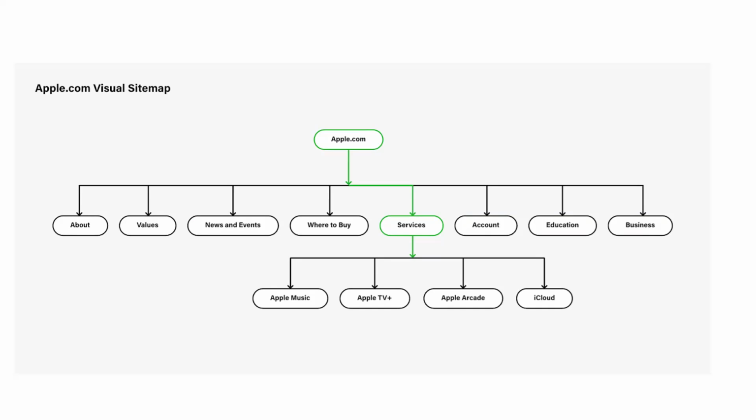These are the sub pages which are linked to apple.com. Inside each child sibling, we again have some web pages connected to that child sibling. Now that child sibling becomes the parent sibling, and inside it we have some interconnected web pages which become the child siblings. Inside services, we have Apple Music, Apple TV Plus, Apple Arcade, and iCloud.